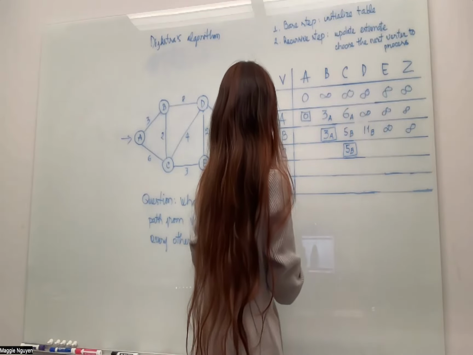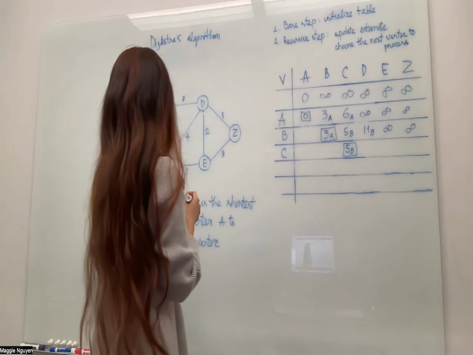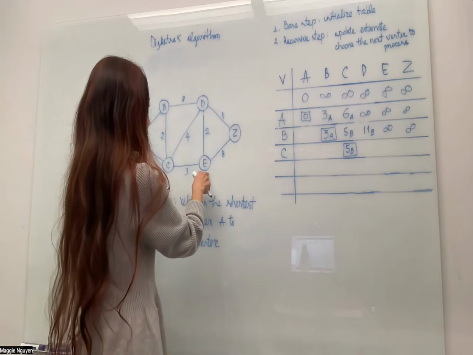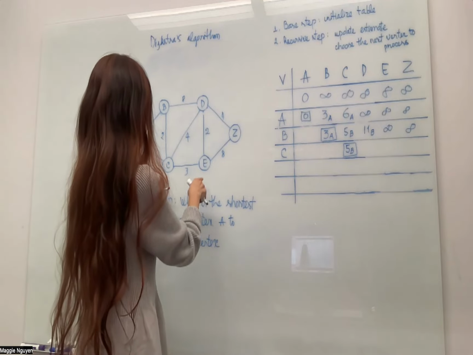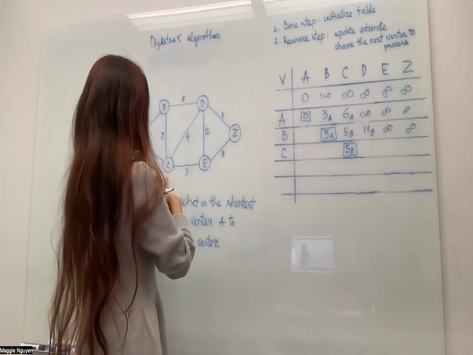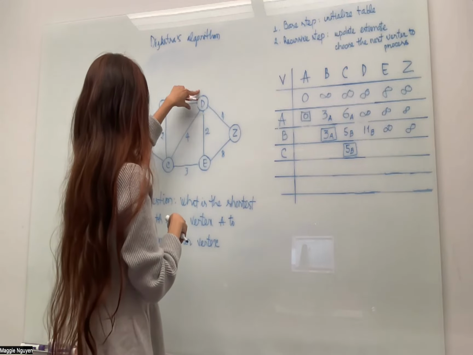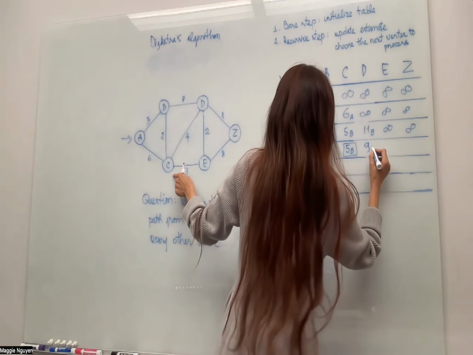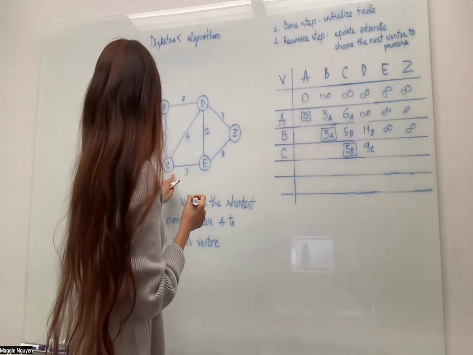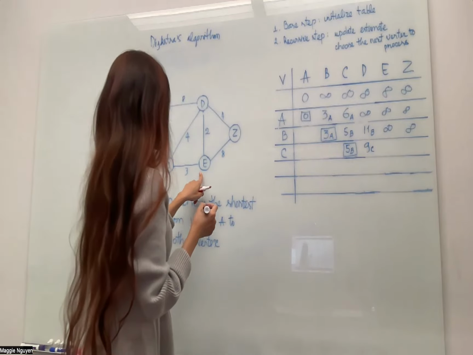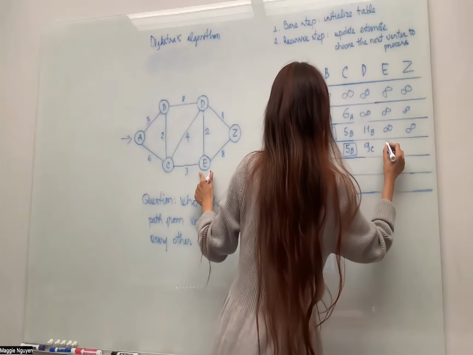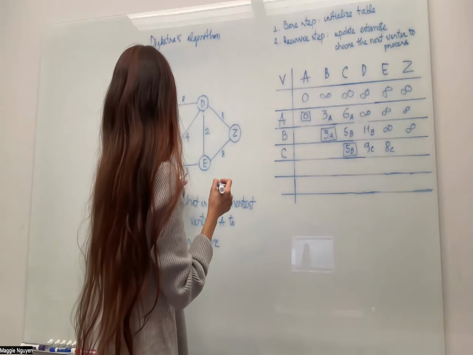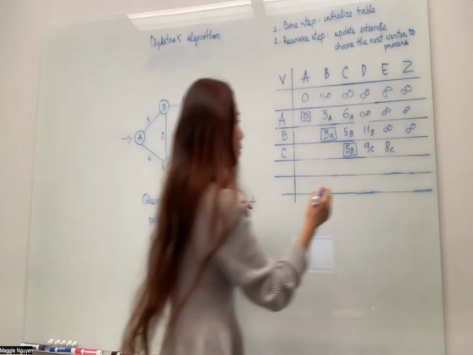So we are now doing C. From C, I can go to D, I can go to E. C to D, C right now is 5, to D plus another 4, so it's going to be 9 from C. And then C can go to E, so it's going to be 8 from C. C cannot go to Z, so it's still infinity.